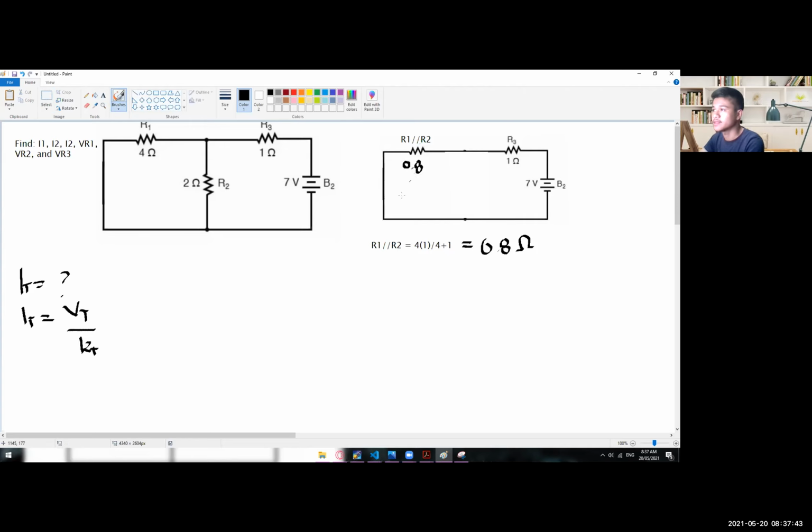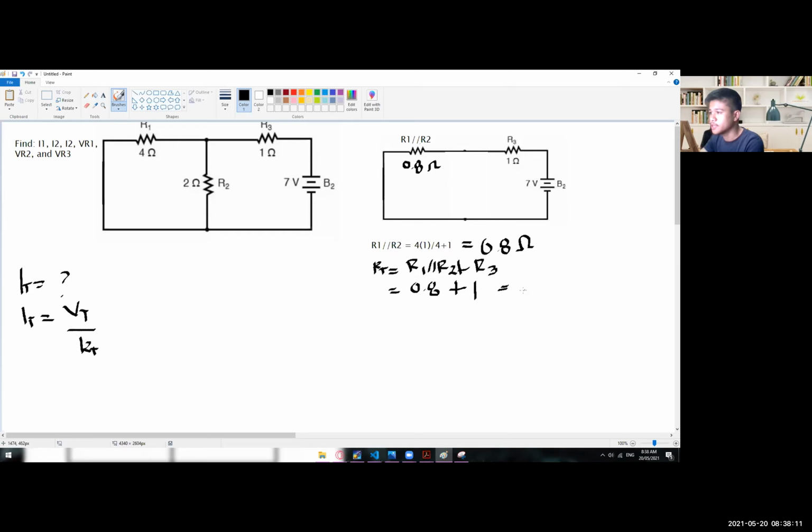So that is now the value of your R1 parallel to R2, 0.8. From here, you can now combine R1 parallel to R2 and R3 to get the R total. So R total is equal to R1 parallel to R2 plus R3, wherein R1 parallel to R2 is equal to 0.8 and R3 is 1.